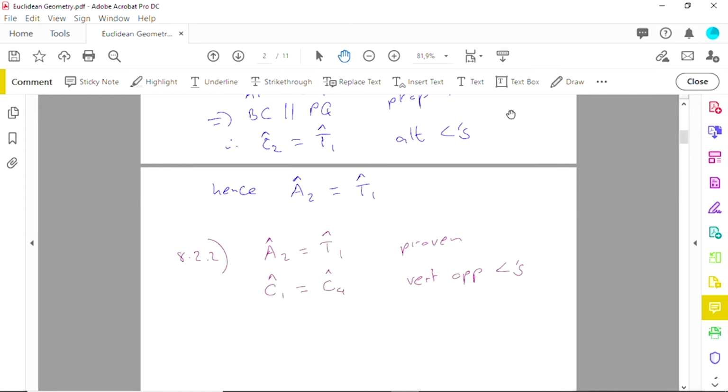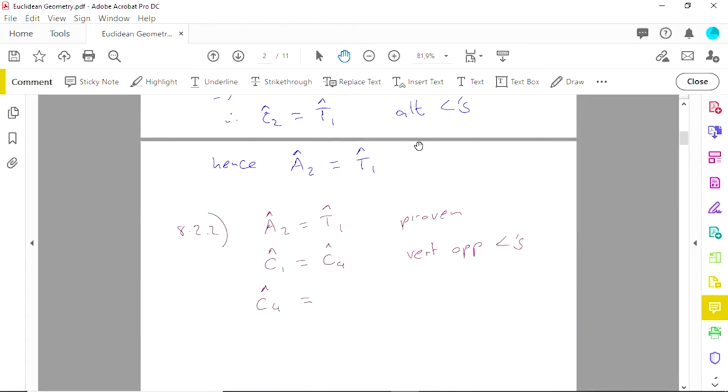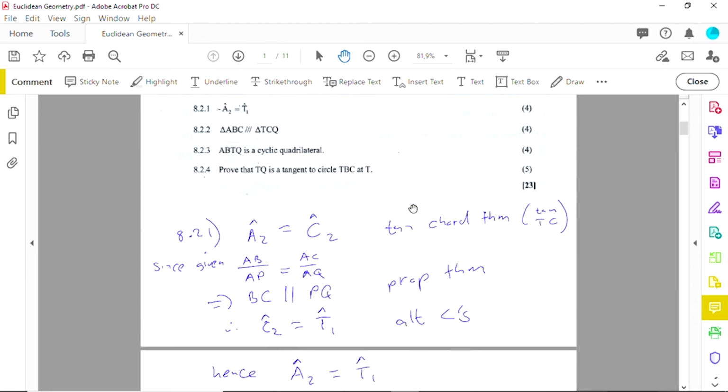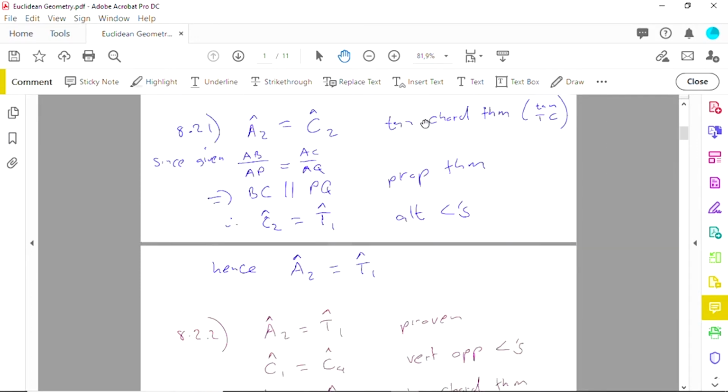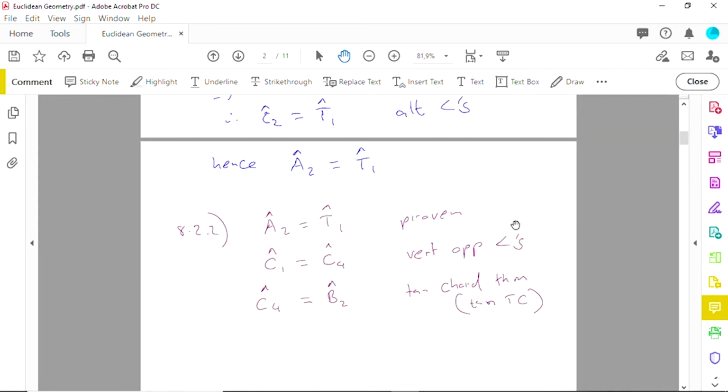And we said C4 is equal to B2, and that was because of the tan chord theorem, where we used tangent TC, just to be sure.